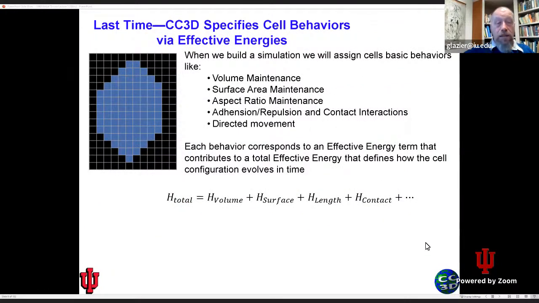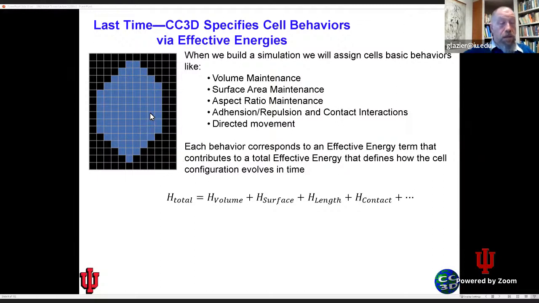Coming back to this idea of specifying a series of cell behaviors in terms of effective energies, this is something that we're not, in general, I think, used to doing. And I've tried to edit this slide a little bit from the way it showed last week to try to make this clearer. If I look at this cell as a picture now, as a snapshot, it has a volume.